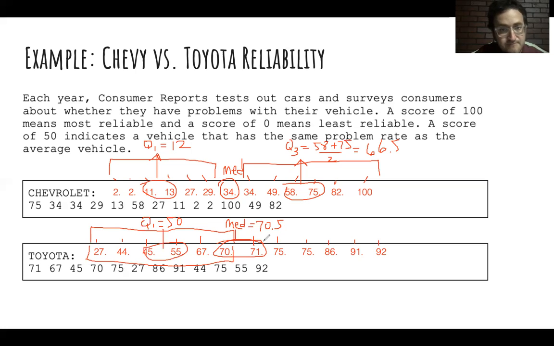And then I'm going to look at the 71 to 92 on the other half. So my Q3 is going to be 75 plus 86 over 2.